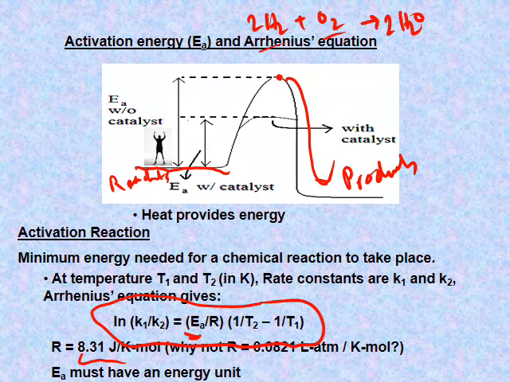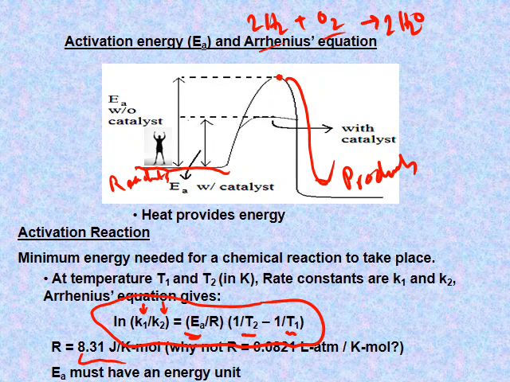And K1 is the rate constant at temperature T1, because the rate constant changes with temperature. K2 is at temperature T2. You have to be very careful about these. T2 is the second temperature, and T1 is the initial temperature.